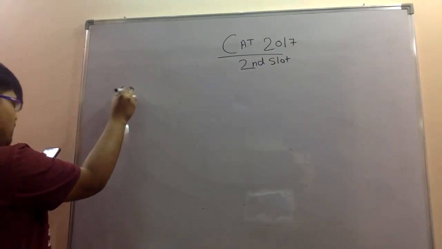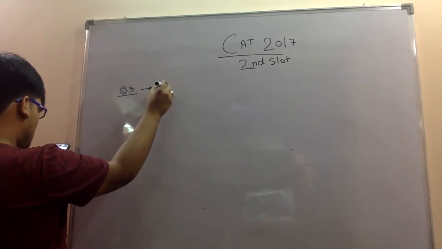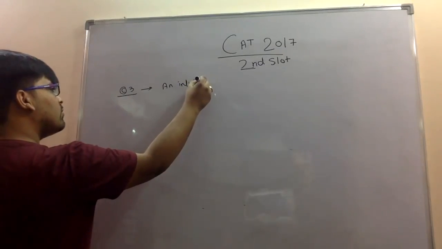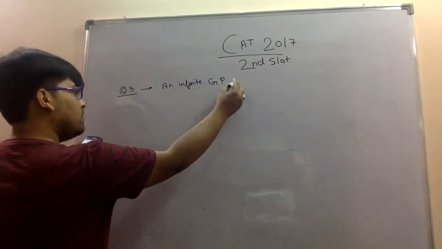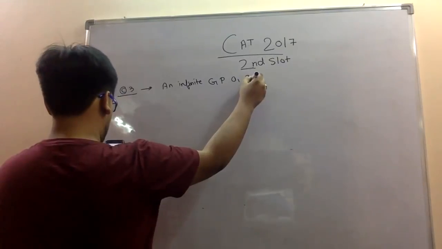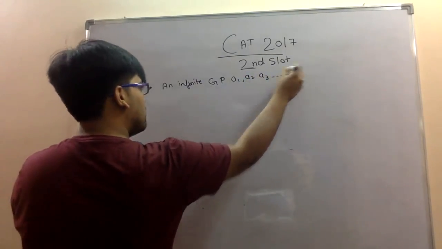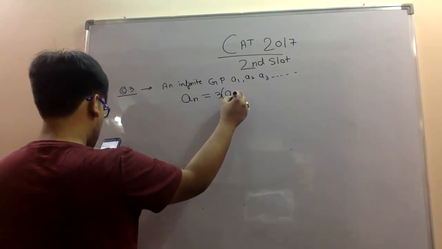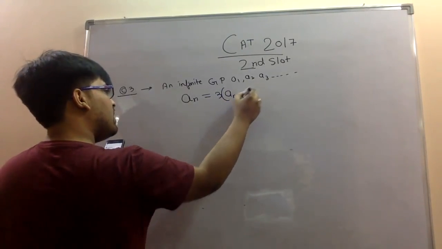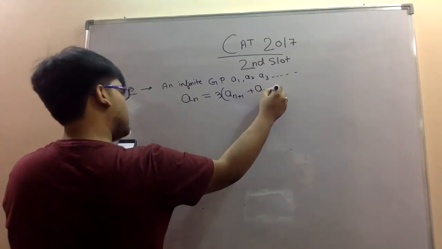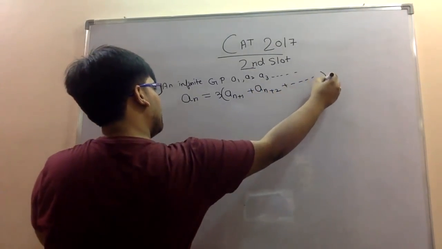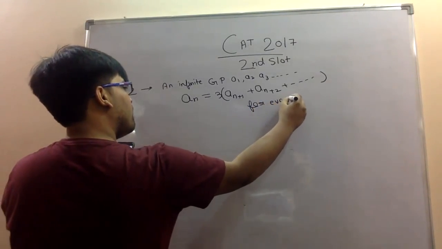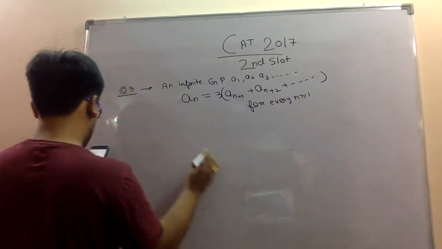Question 3. An infinite GP has terms A1, A2, A3 and so on. An is equal to 3 times of (an plus 1 plus an plus 2 plus dot infinity) for every n greater than equal to 1.